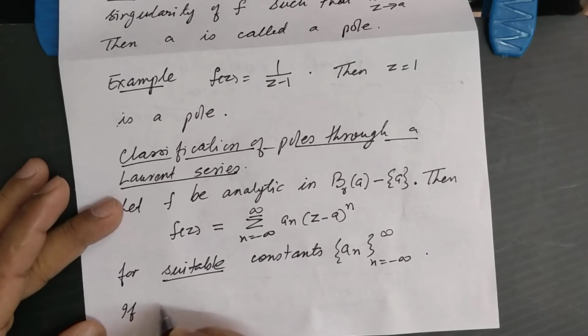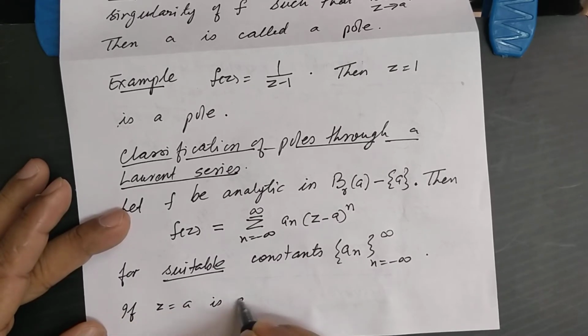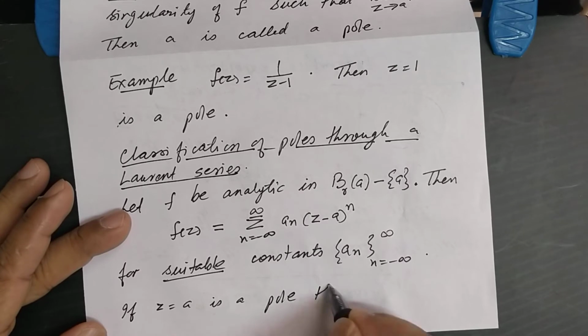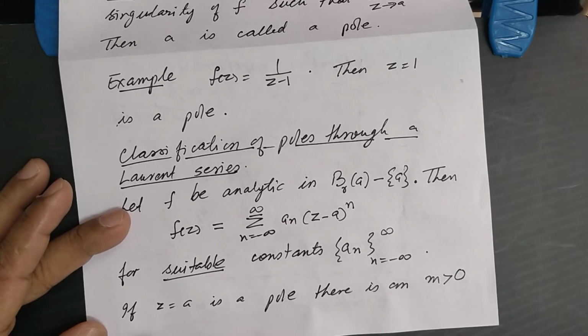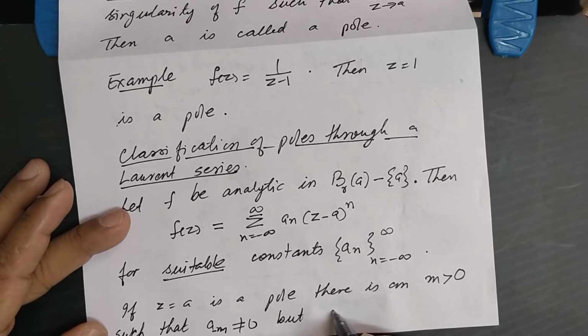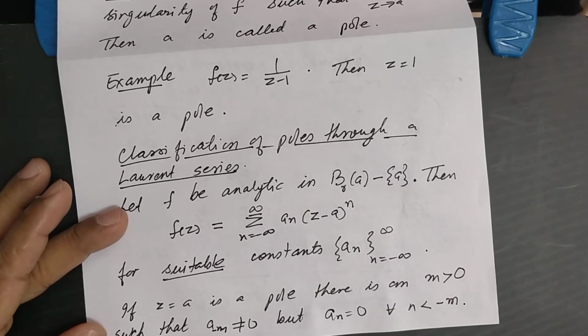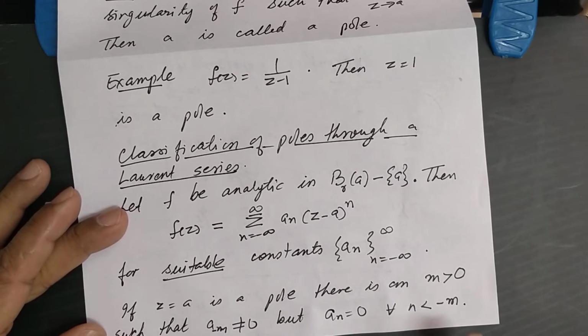If z equal to a is a pole, there is an m greater than 0 such that a minus m is not 0 but a n is 0 for all n less than minus m. And in such a case, you say that z equal to a is a pole of order m.